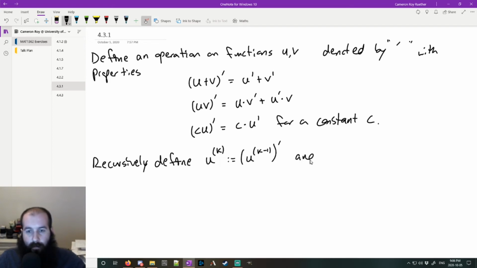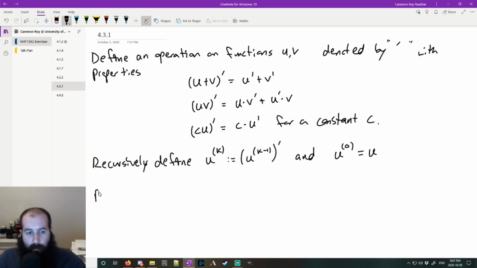And u to the 0 is just u, because prime has been applied no times. So this is all part of the definition. We have some operation that has these properties on arithmetic, and then we define its repeated application recursively like this with symbols.